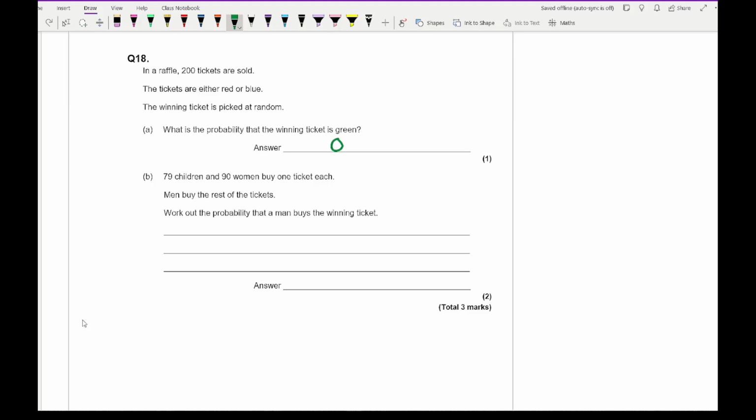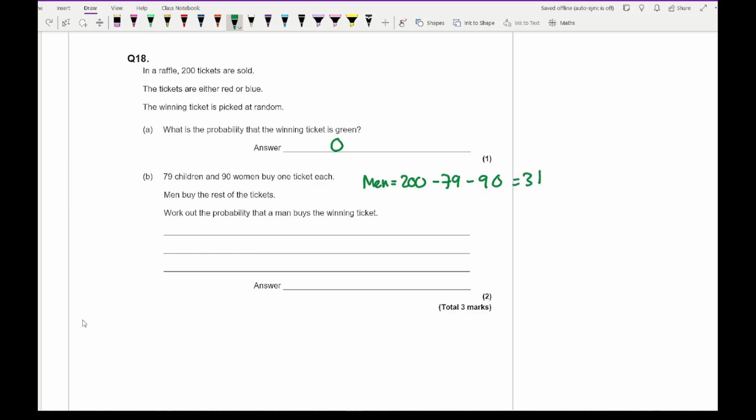The next question then says 79 children and 90 women buy 1 ticket each. Men buy the rest of the tickets. Work out the probability that a man buys the winning ticket. Well, let's first of all do how many men there were. So for the men, it's going to be 200 minus 79 minus 90. And again, if I just quickly work that out, I get that there are 31 men.